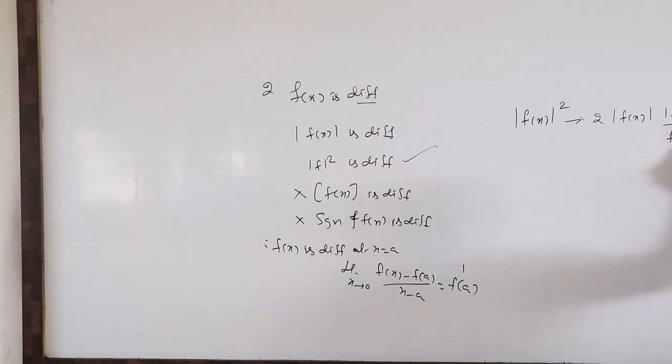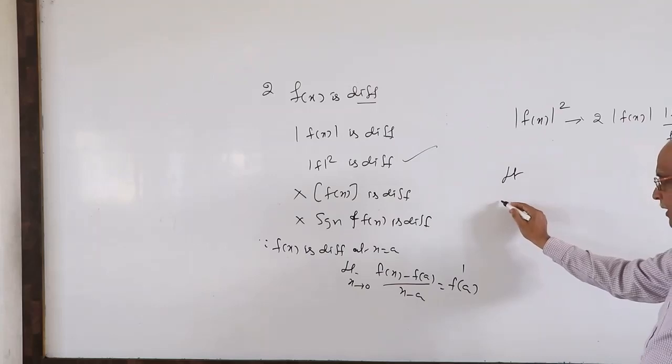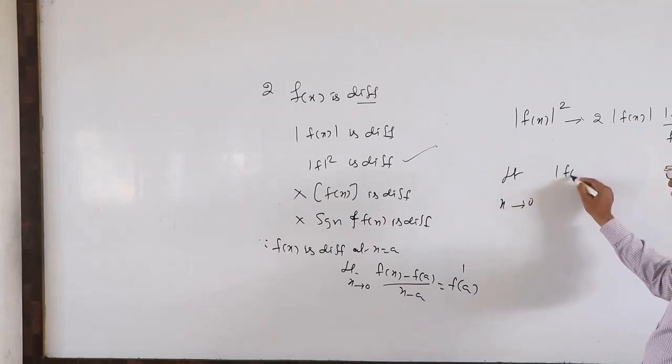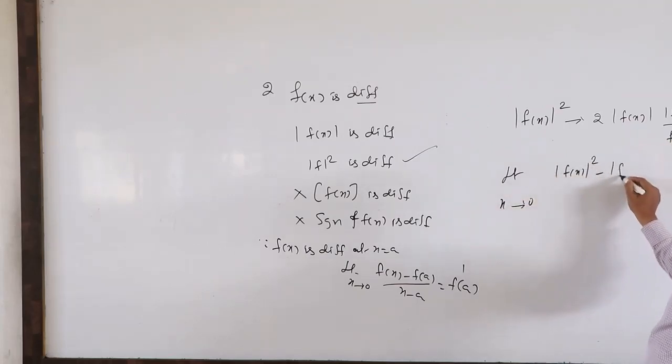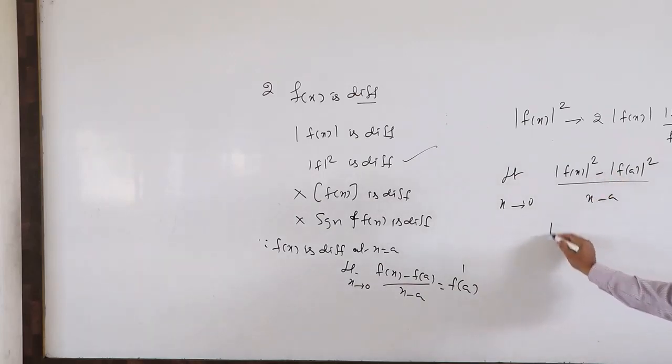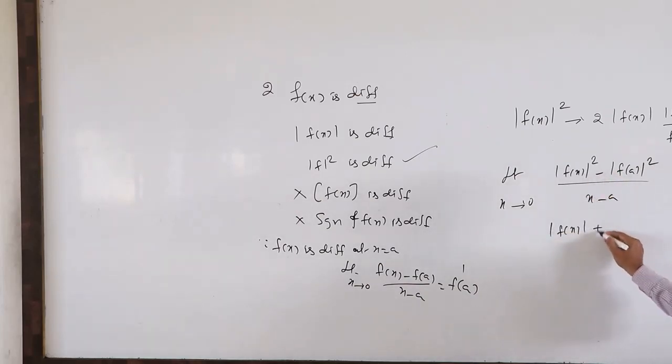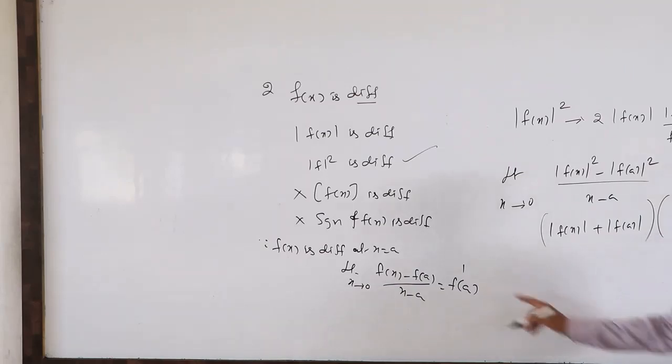When it is positive, one term will be cancelled. Suppose if you want to find out, again I will write here, x tends to a, mod f of x square minus mod f of a square by x minus a. Numerator a square minus b square, a plus b into a minus b, by x minus a. And already for this we have f dash a.